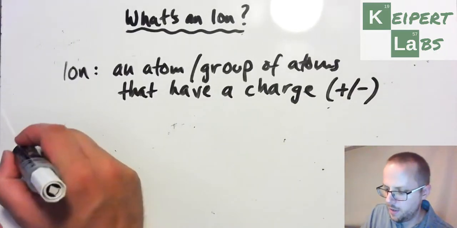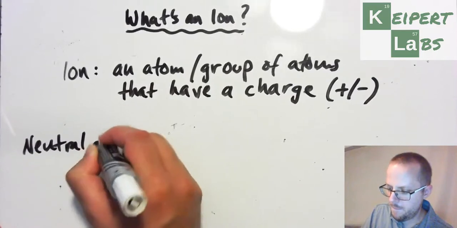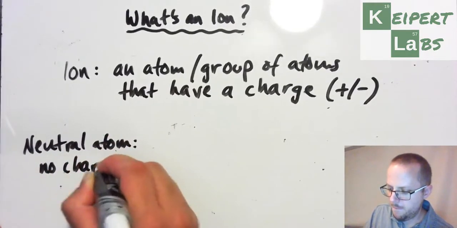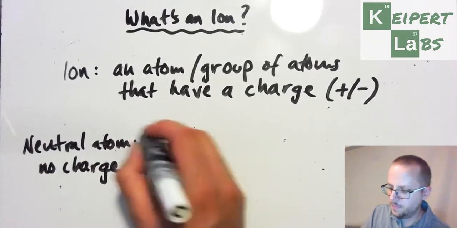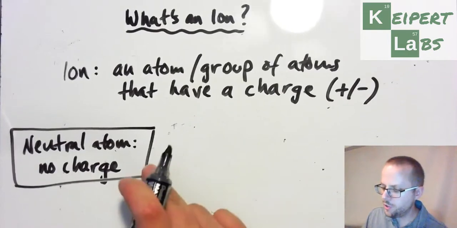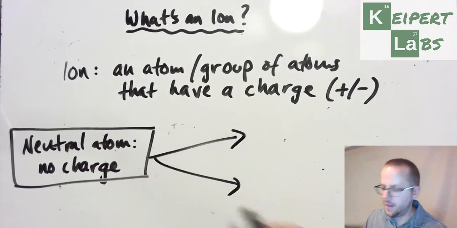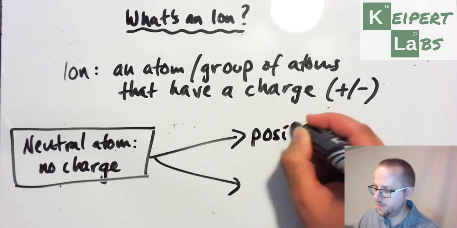Okay, so if we have a neutral atom which has no charge, we saw that we got 2 different types of ions out of that. The first one that we got was a positive ion, like our sodium.